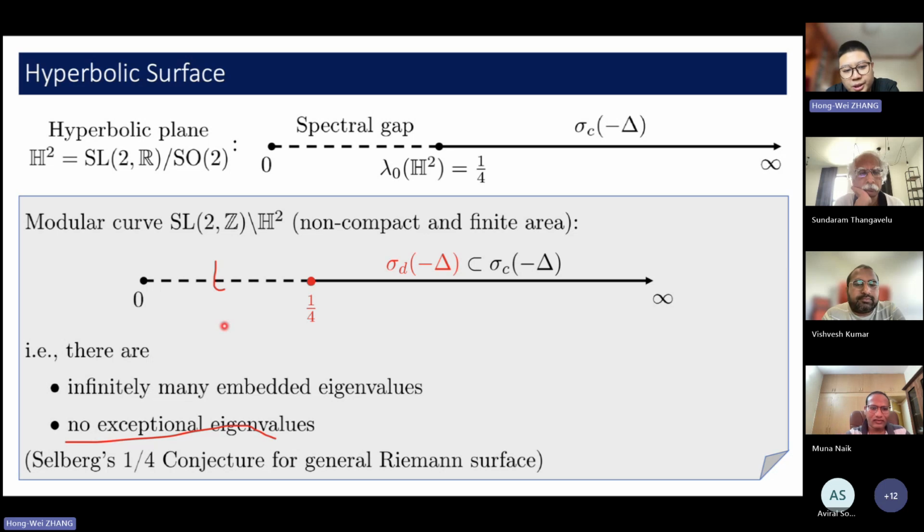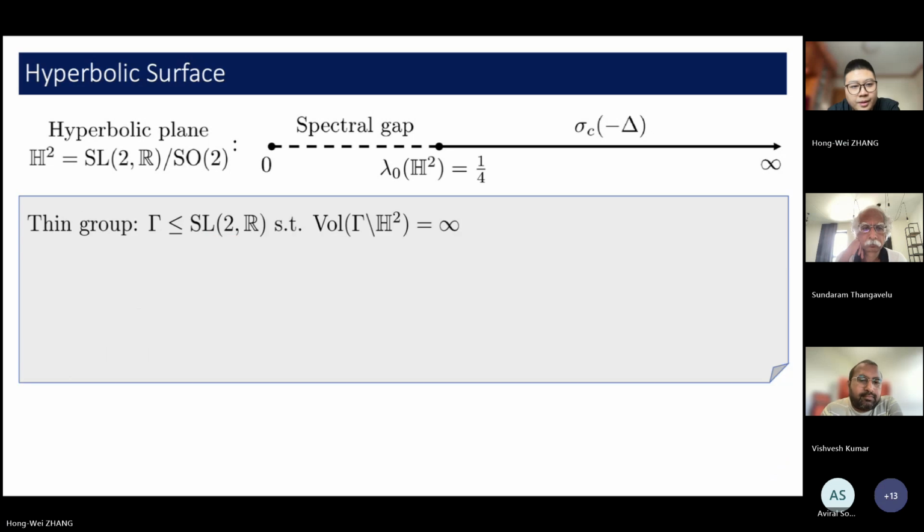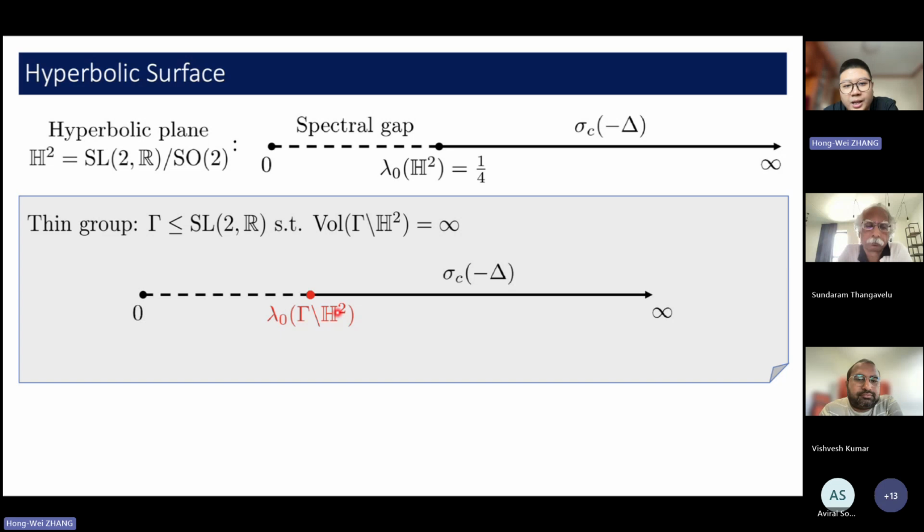So this corresponds to Selberg's famous conjecture on a general surface. But if we replace SL2(Z) by something else, we will get a different hyperbolic surface. For example, sometimes we call it a thin group. If we consider Gamma a discrete subgroup of SL2(R) such that the volume is infinite, then in this case, we still have a continuous spectrum, but the bottom is no more 1/4.